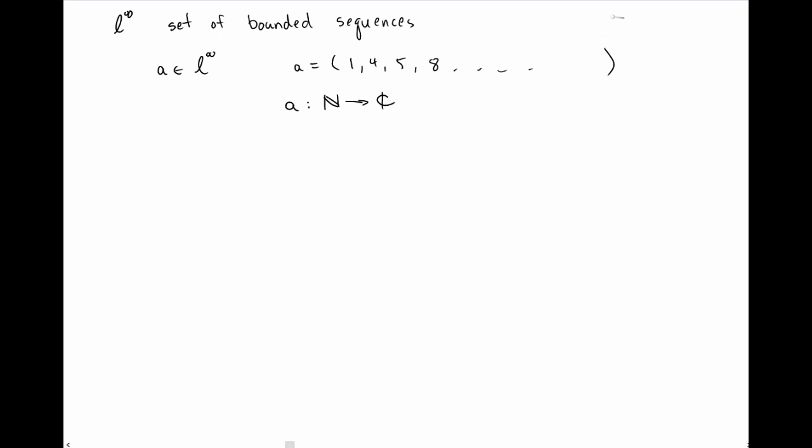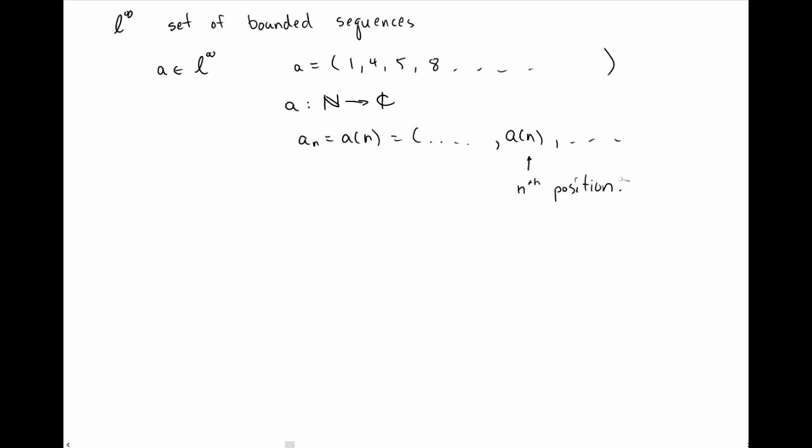And we can write an element like this. This is equal to an, which is equal to whatever that value is, where that is the nth position. So we have something like that.